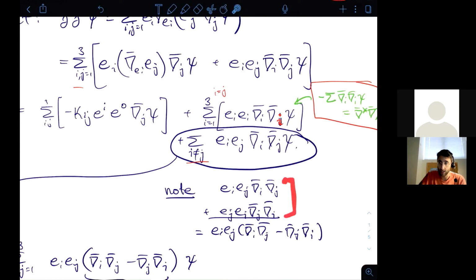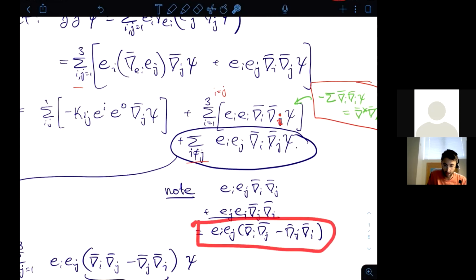Let's add those together, and notice that you can get the same coefficient of the Clifford multiplication by just swapping the i and the j, swapping this multiplication, picking up a minus sign. So when you add those two things together, you can get a common factor of e_i e_j acting on a difference of second covariant derivatives.